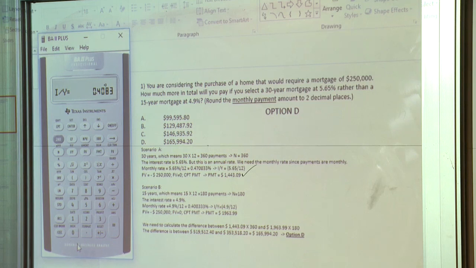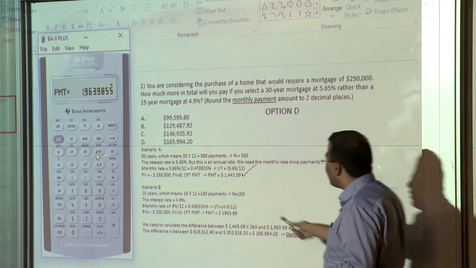Then you have the same PV, 250,000 with a negative sign, and 0 as the FV. Let me put this in once again, and then compute the PMT. If you do that, you get 1963.99, which is this number here.